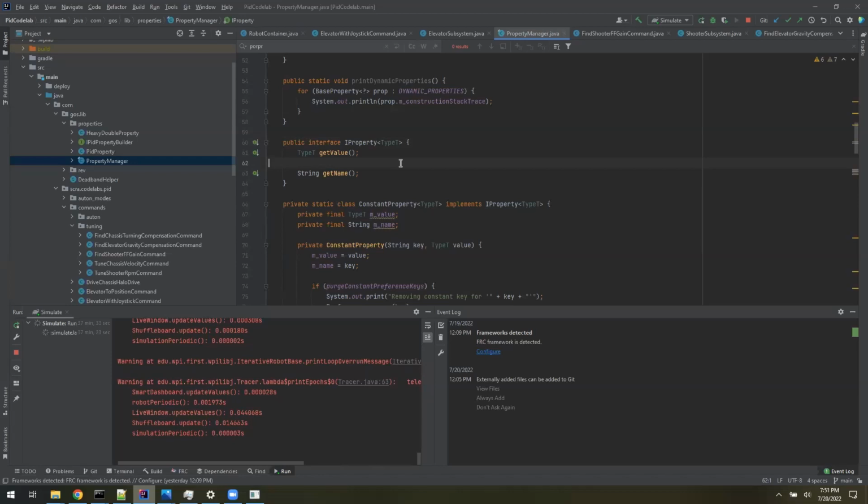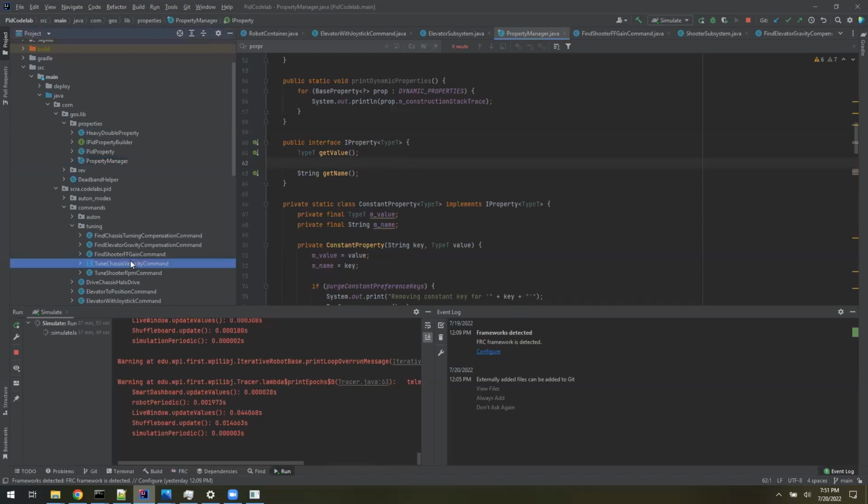However, the first year that we did this, our file got corrupt in the middle of a regional and we lost all of our constants. So we wanted an easy way to switch it from being configurable versus not configurable.